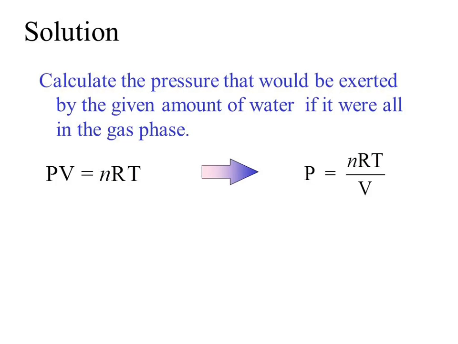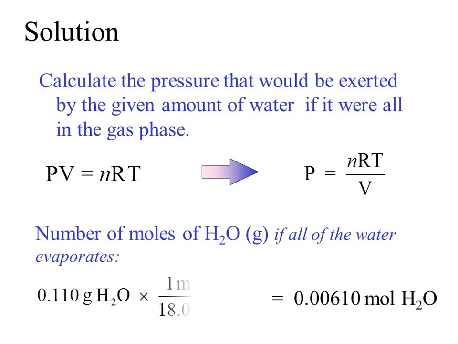Remember, we're going to get n by the mass of the water. So let's knock out n first. Let's take that mass of water, that 0.110 grams, and on your test I'm still going to look for you to show me working out the molar mass of water, but it's 18.02 grams per mole. Definitely got to be factor label, no ifs, ands, or buts about that.